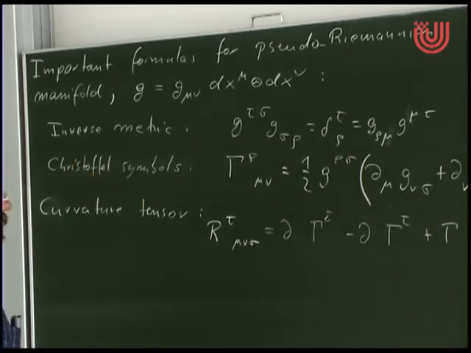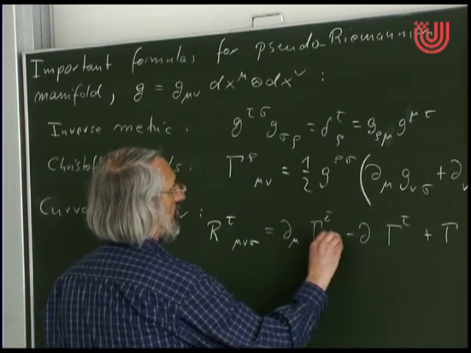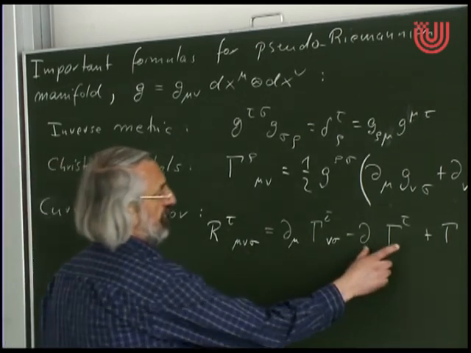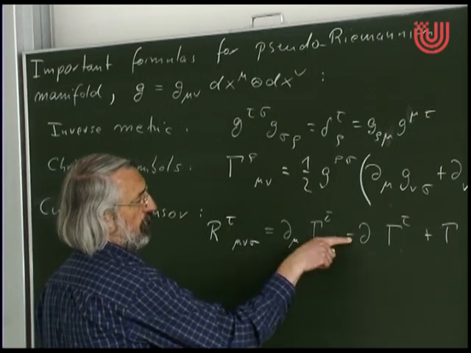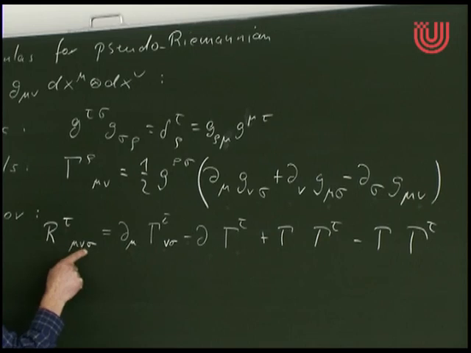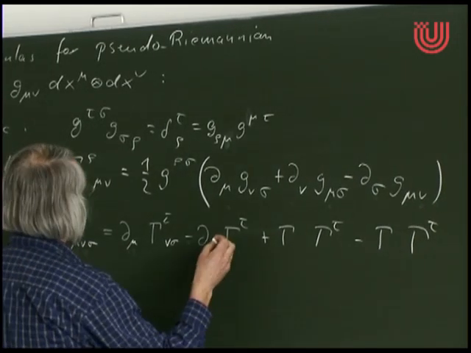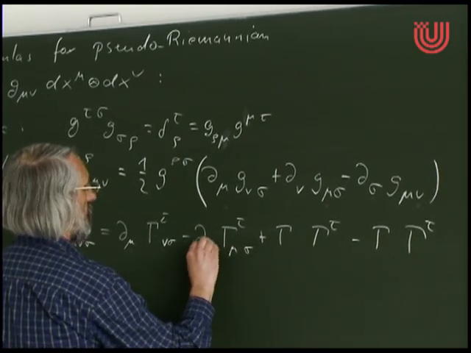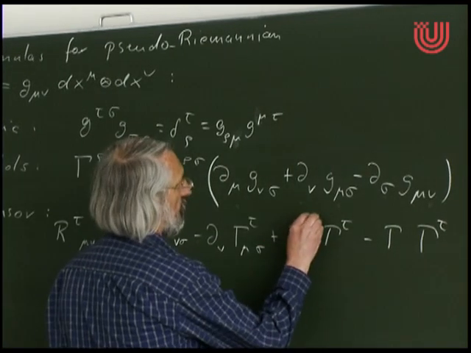I begin by writing these things in the same order as I have them on the left-hand side. And then the next term comes about by interchanging mu and nu and putting a minus sign here. What you have to keep in mind is that this is antisymmetric in these two indices, so I must get something which is antisymmetric with respect to mu and nu. So I think I keep the sigma, have the mu and the nu here. And here I have a sum, and this was the wrong index.